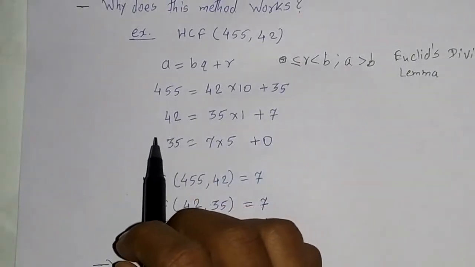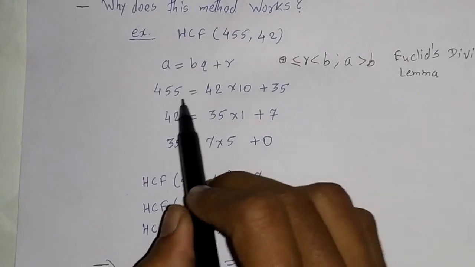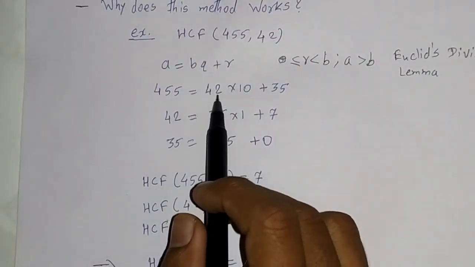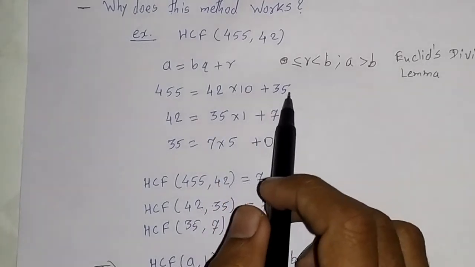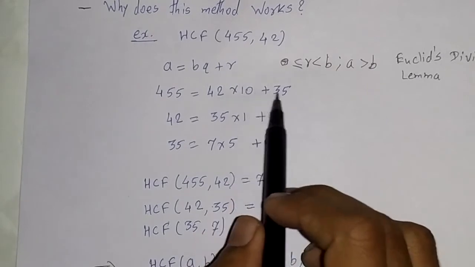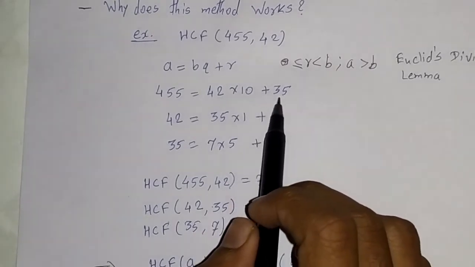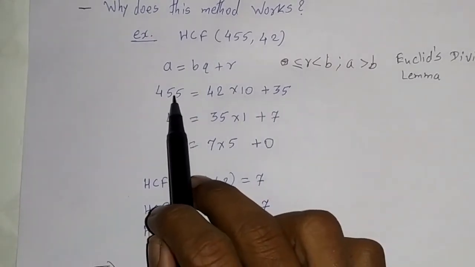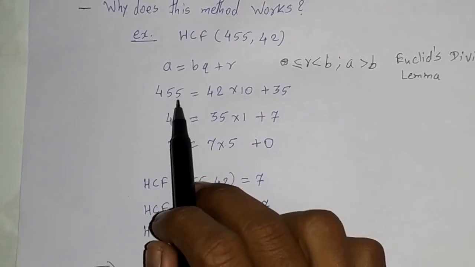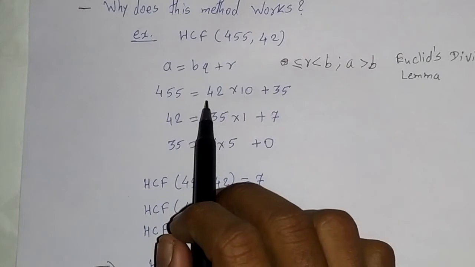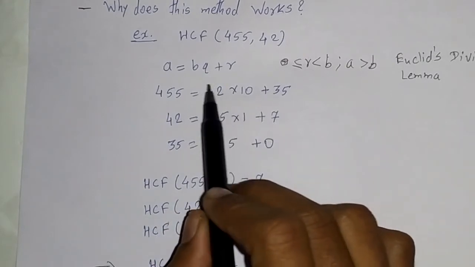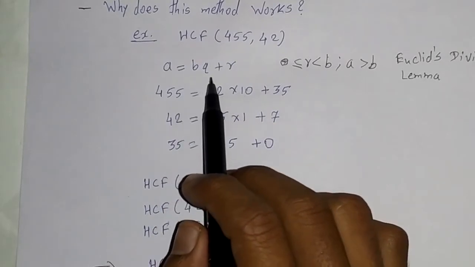So apply this theorem one more time. A should be greater than B. 455 equal to 42 into 10 plus remainder is 35. Dividend equal to divisor into quotient plus 35 is remainder. Once you understand the basic formula of dividend equal to divisor into quotient plus remainder, then it will be very easy to apply the Euclid's division lemma.